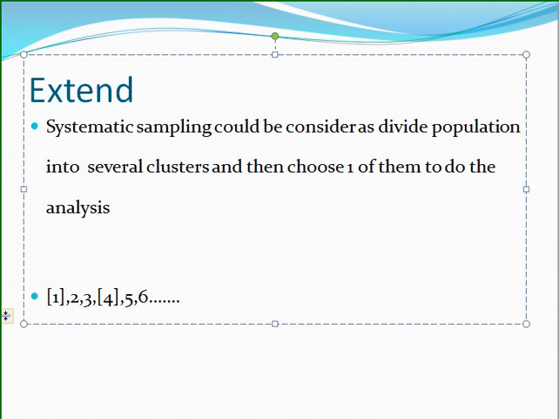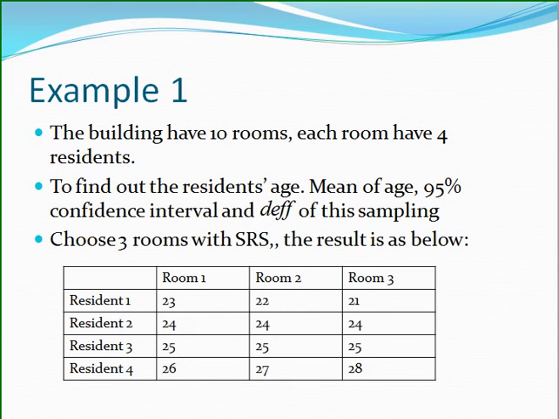There are 2 examples about cluster sampling. The 2 examples aim to show what will happen when the difference between the clusters is 0 and when the difference inside of the cluster is 0, which is this.